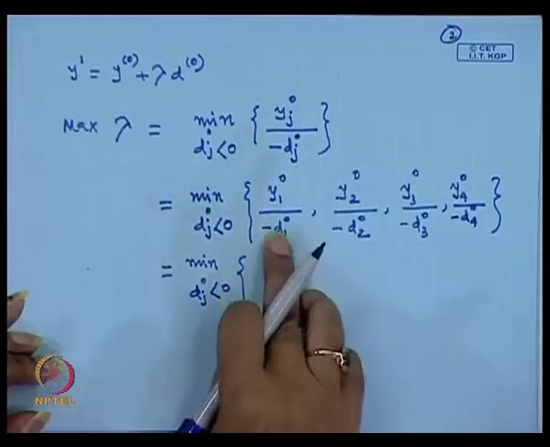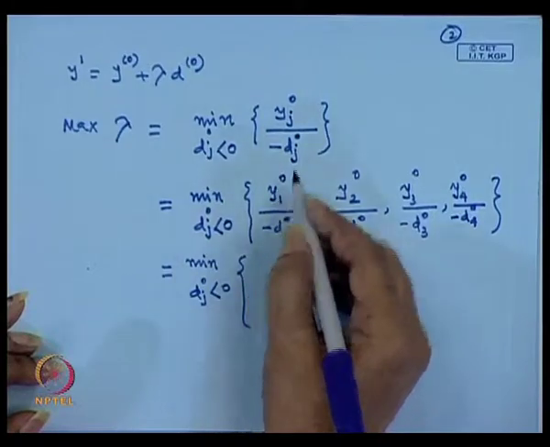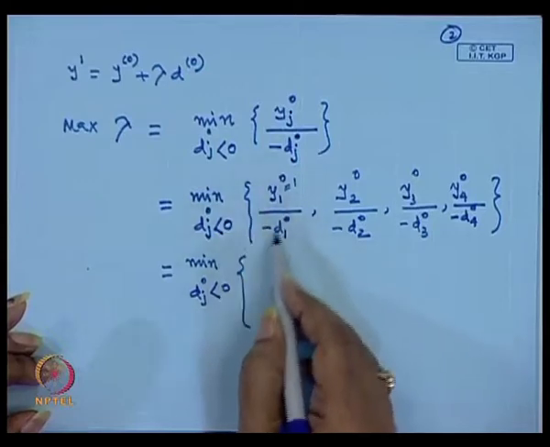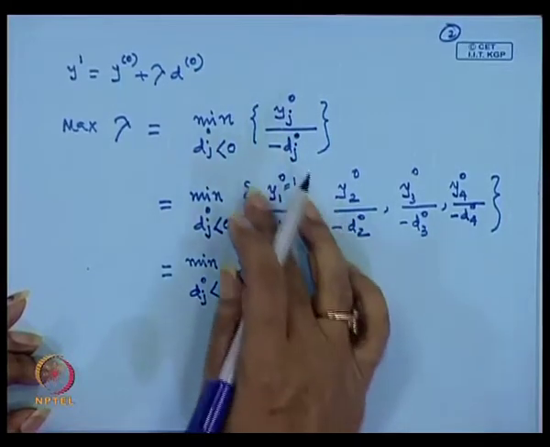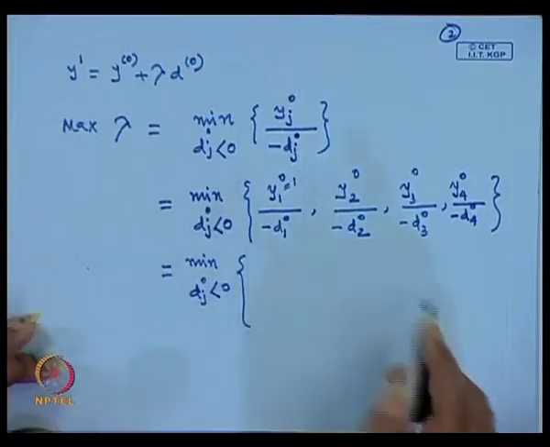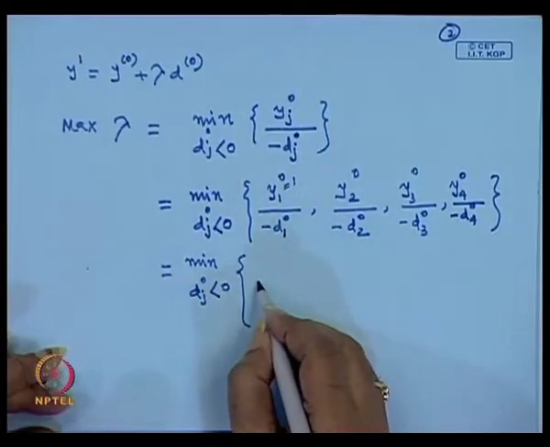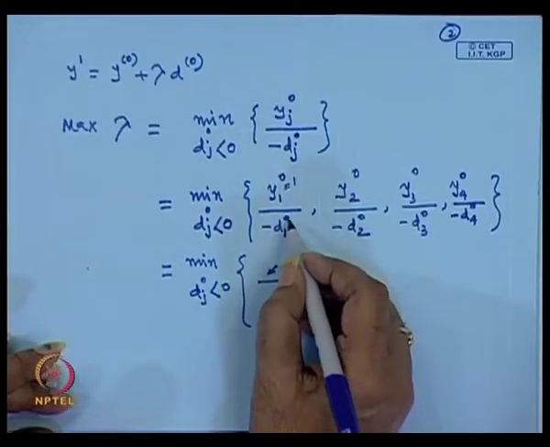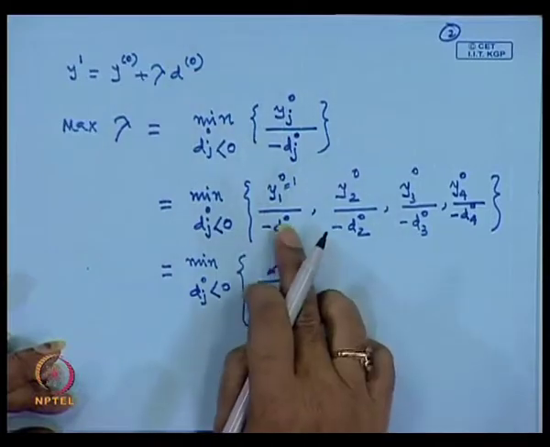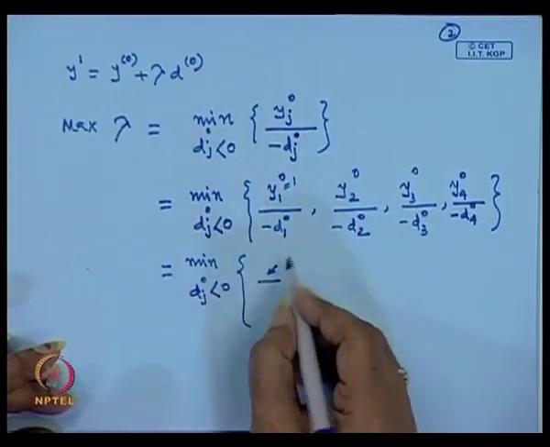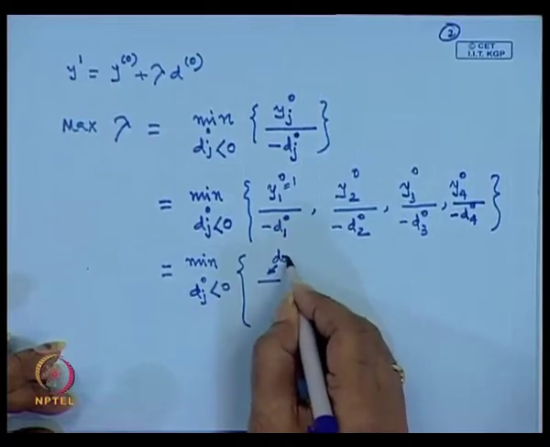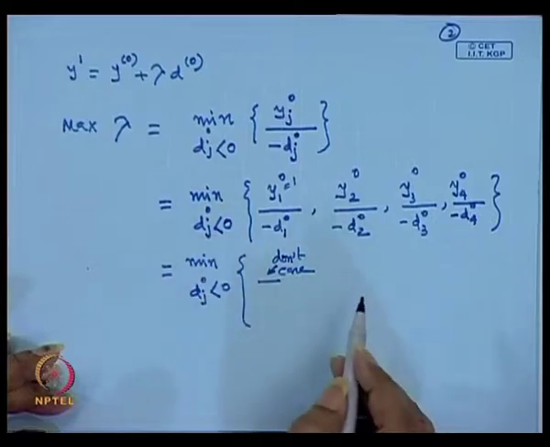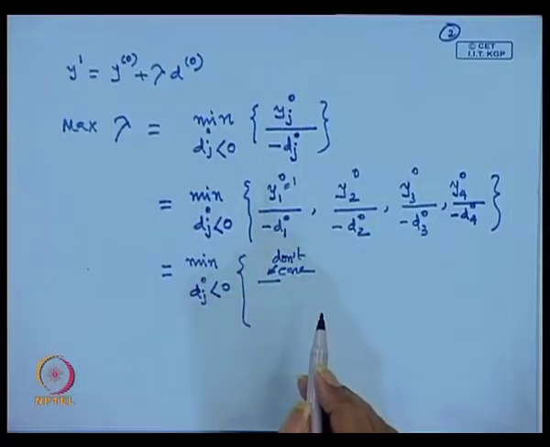So, this quantity is positive, the ratio is, because y1 0 is equal to 1, this is positive preceded with a minus sign. So, this is negative. Agree, this is the negative of that one. The dash means do not care: when d j is positive you do not care. This d1 0 is positive so you do not care; the dash indicates do not care, because we are interested in d j less than 0, and that explanation we have given you earlier.